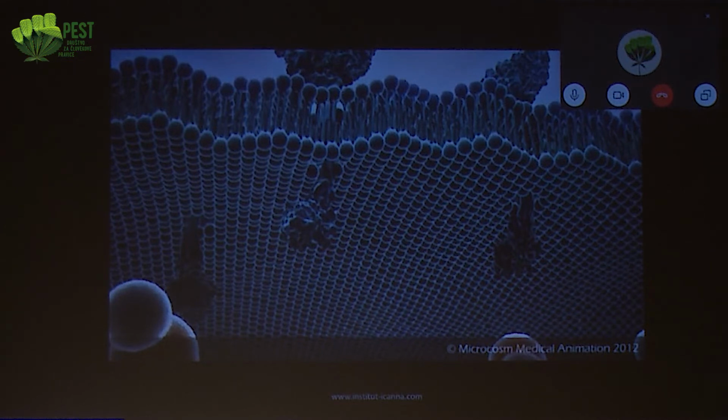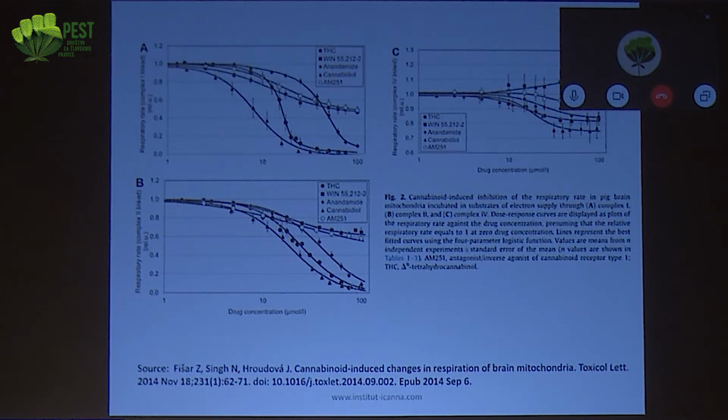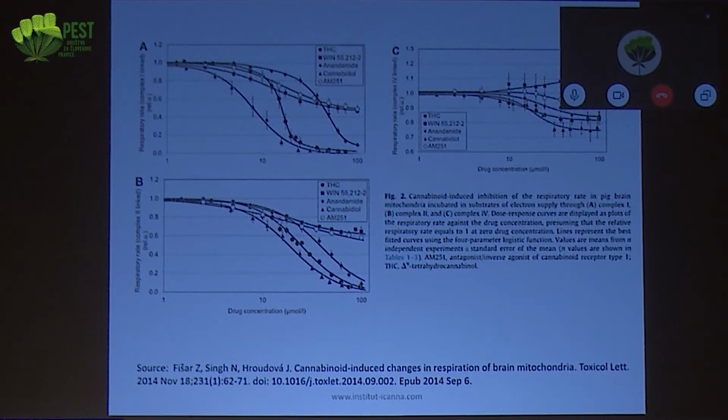And now if we take a look at what cannabinoids actually do to the activity or to the function of the mitochondria, what was shown was that the vast majority of cannabinoids, meaning endocannabinoids like anandamide, or phytocannabinoids such as THC or CBD, affect mitochondria in a way that they reduce the amount of ATP that the mitochondria produce.